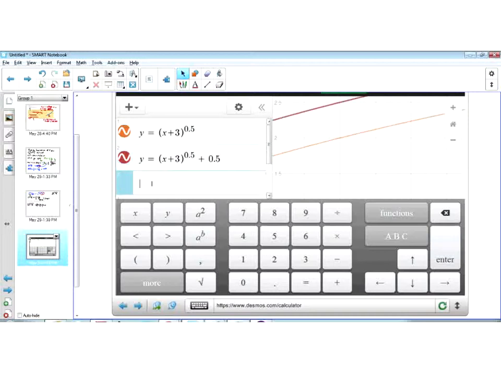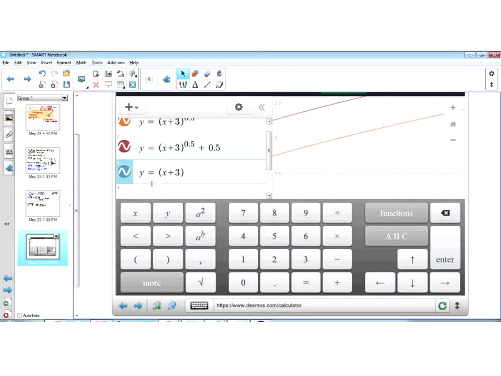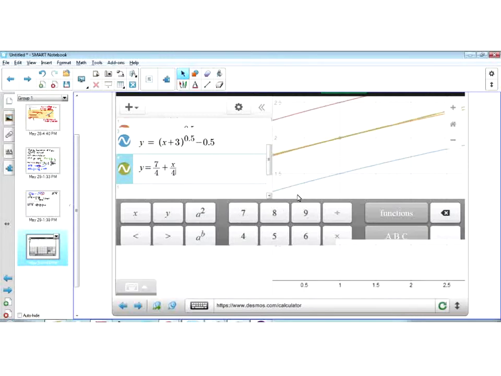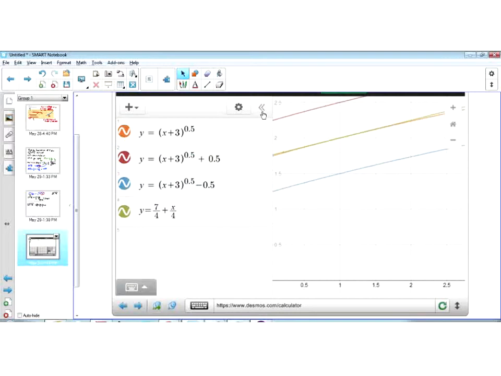Okay, so that's the upper tolerance of our output, and then our lower tolerance would be x plus 3 to the 0.5 minus 0.5. Okay, and that would be our lower tolerance shown in blue. And then we can sketch our approximation, which is y is equal to 7/4 plus x over 4. Okay, and so that's shown in green. All right, so now let's see what we have here.